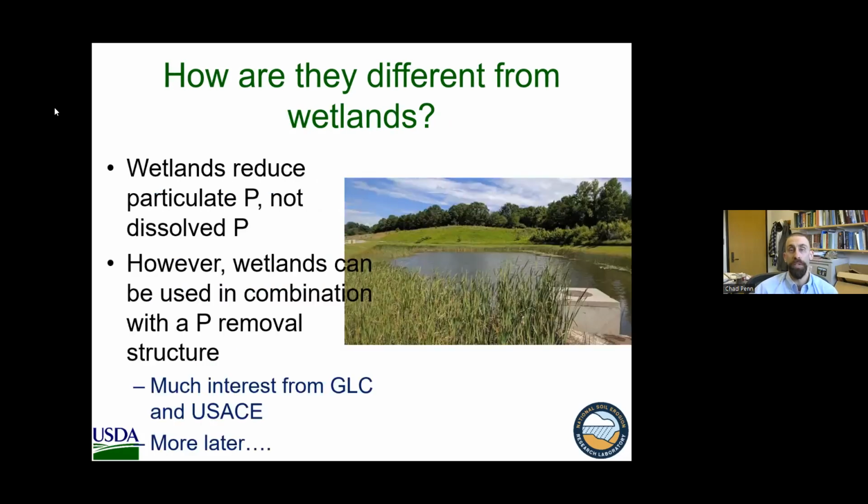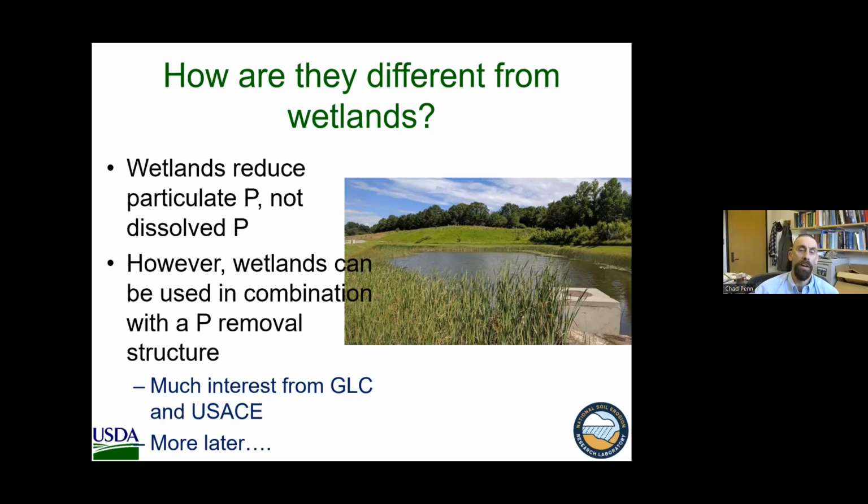How are they different from treatment wetlands? Wetlands are really good at reducing particulate phosphorus, but not dissolved phosphorus. They drop out a lot of sediment. In fact, there's several researchers now who say that treatment wetlands can actually increase dissolved phosphorus. But regardless, you're not reducing dissolved phosphorus with the treatment wetland, but you're doing good on particulate.